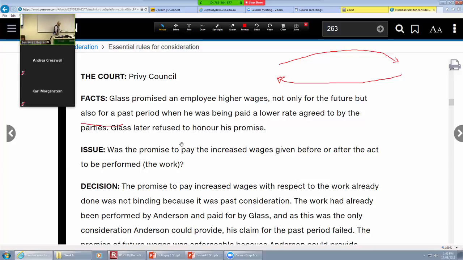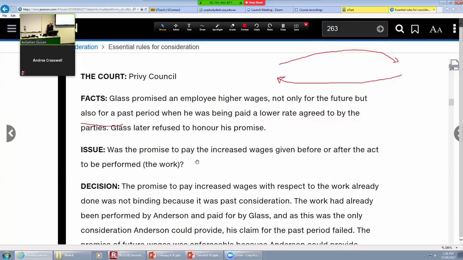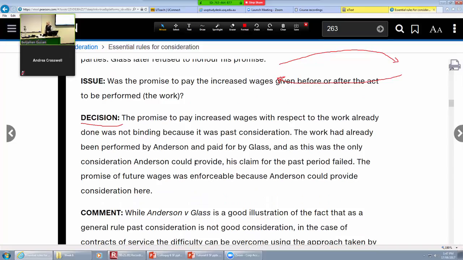Of course, the question is, is there consideration? Was the promise to pay the increased wages given before or after they had to perform the work? Why is that important? Because if it's before, then that work becomes your consideration. You promised me to pay me more, I promise you to work more. No problem. If this work has been done already, then you promised me to do more.